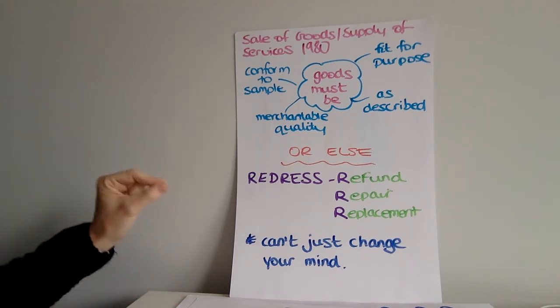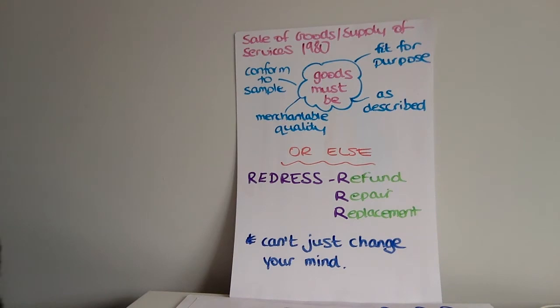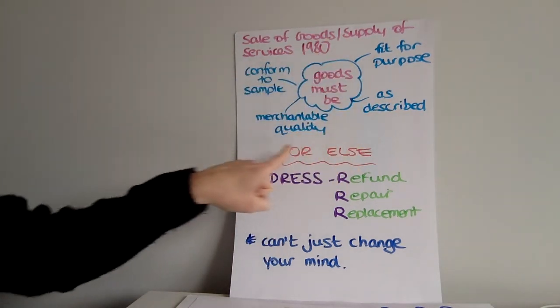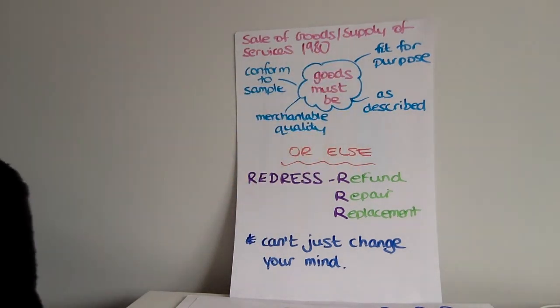It's important to note here, if you just change your mind and decide you don't like the product anymore, legally the company doesn't have to give you a refund or exchange it for you. Most companies that we shop from will, because they want to have you as loyal customers, but legally they're not entitled to give you one of these three. It's only if the criteria in the Sale of Goods and Supply of Services Act has been broken.